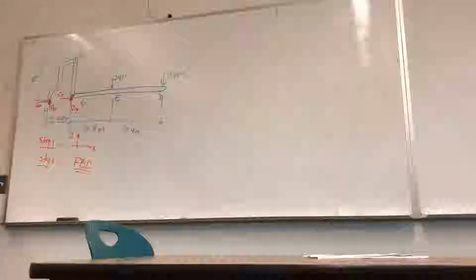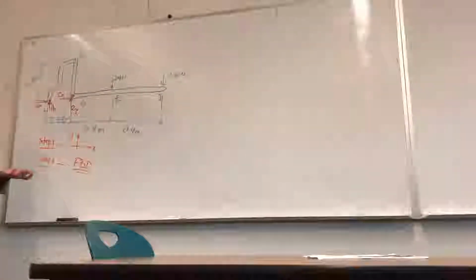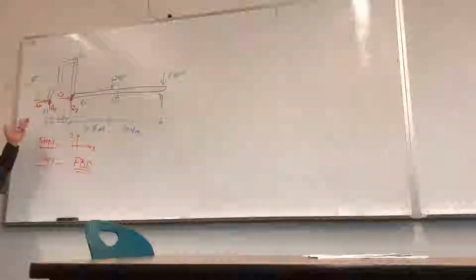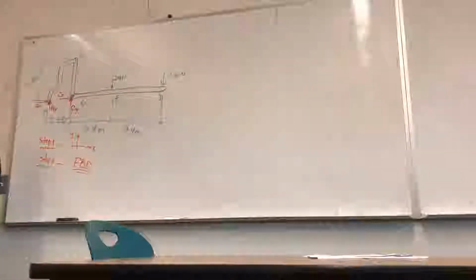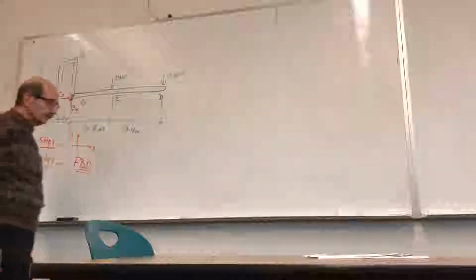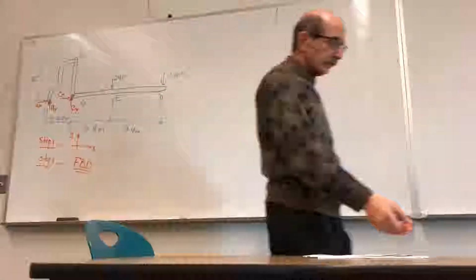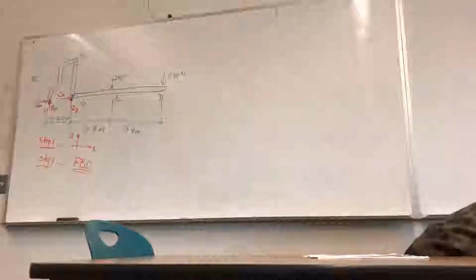Okay, so what was the next step? Equations of equilibrium. How many equations of equilibrium do you have? Three. How many unknowns do you have here? Can we solve for all the four unknowns? No, we can't, right? Well, that brings us to introducing a concept, which is, as I said, very important.